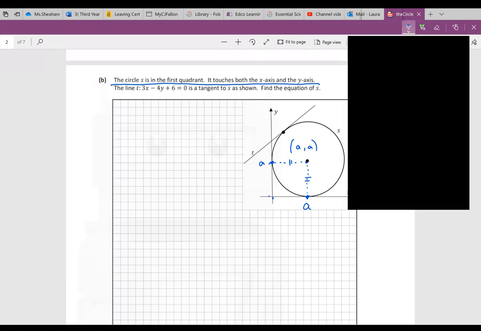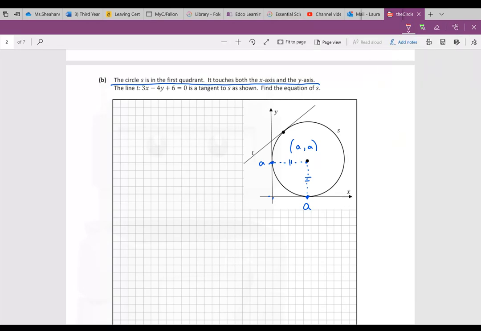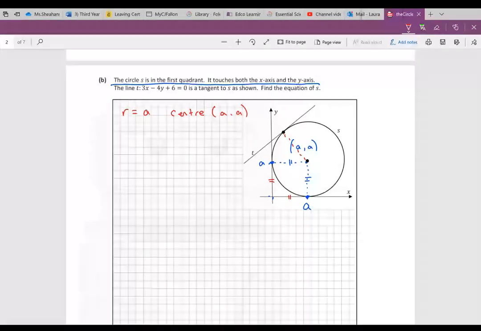If I look at the radius of this circle, going to any point, it also has to be this distance, which is the same as this distance and this distance. So the radius we're also going to say is A, and the center is (A, A).